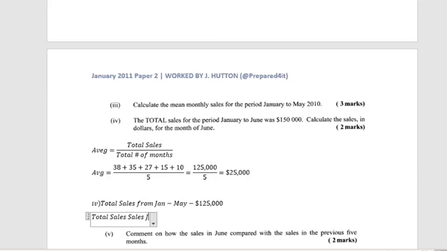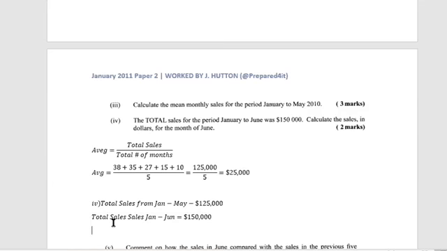Yup. So January to June, and all they did was to add one extra month, and now we move from 125 to 150,000. It means that what we made in June sales is equal to the total sales from January to June subtracted by the total sales from January to May, which was 125,000.